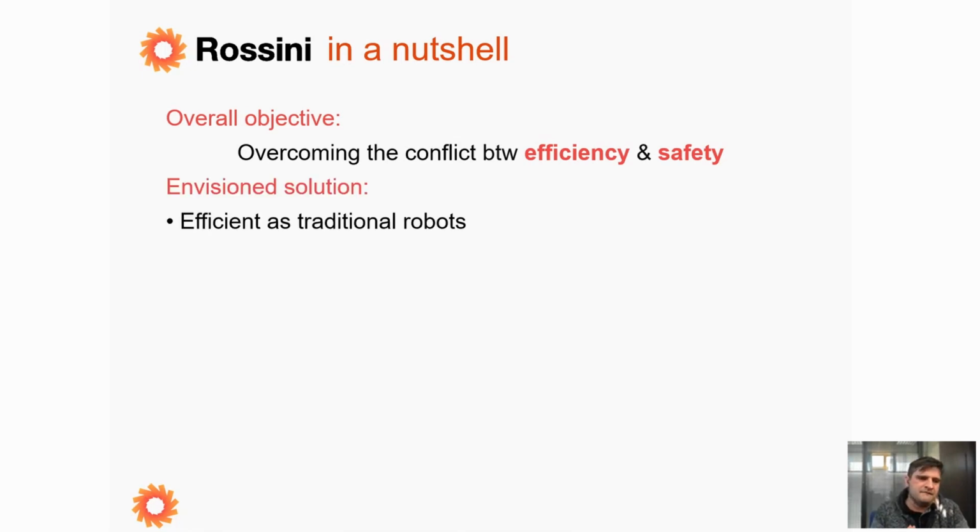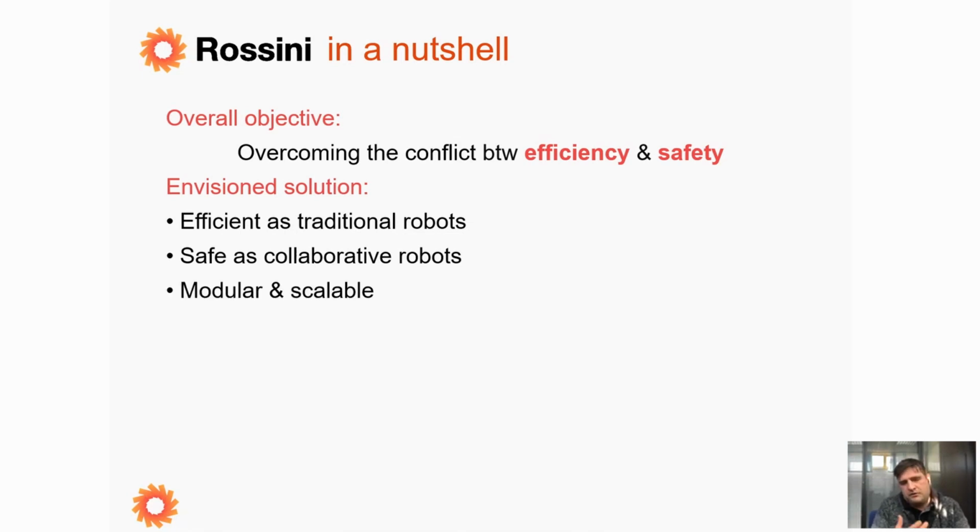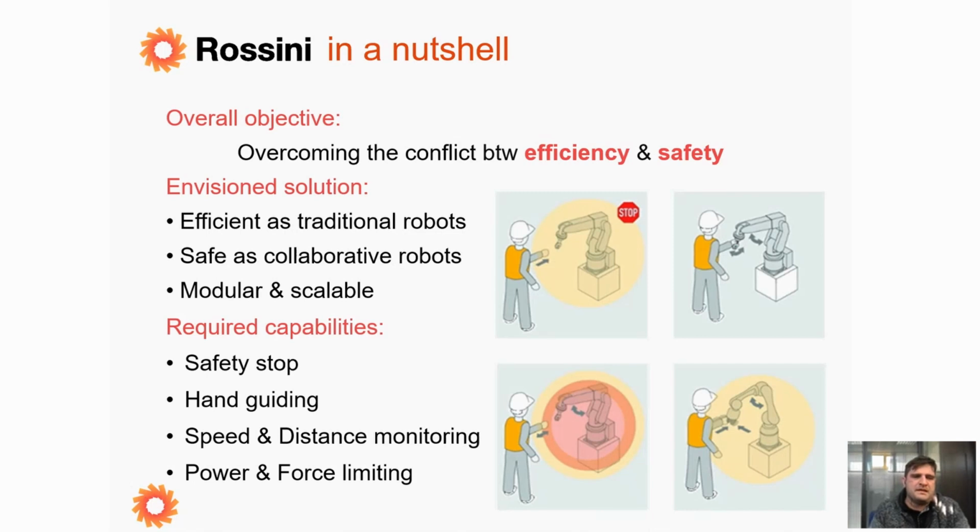So basically, the envisioned solution with Rossini is to build a robotic solution that is able to combine the efficiency of traditional robots with the safety of collaborative robots in a modular and scalable way. Basically, this is done with technology solutions that will contain safety-aware capabilities, as you will see shortly.